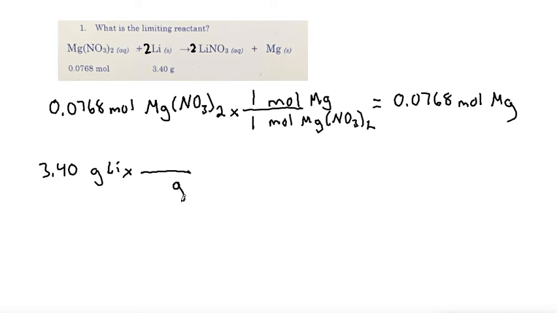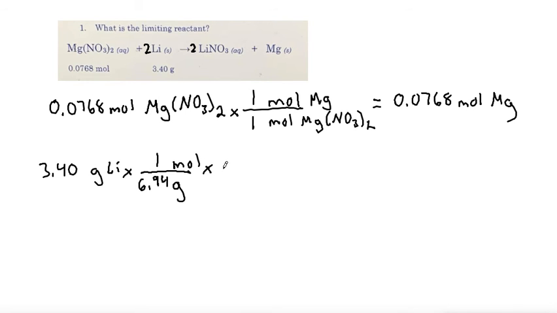So we'll put the unit of grams in the denominator so it cancels. The unit of moles on the top, since that's what we want to convert to. And the molar mass number always goes with the grams because it means 6.94 grams is the number of grams in 1 mole.